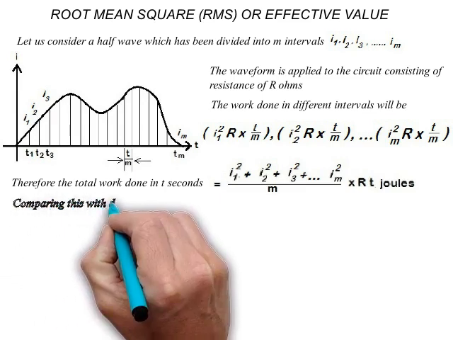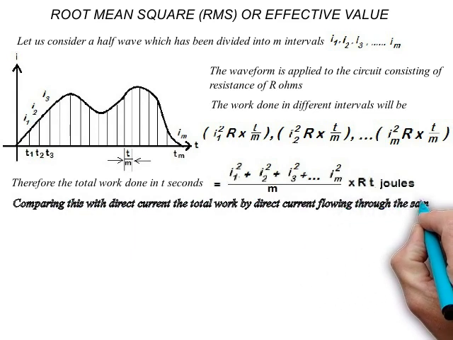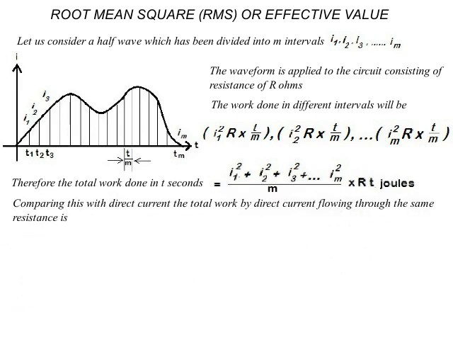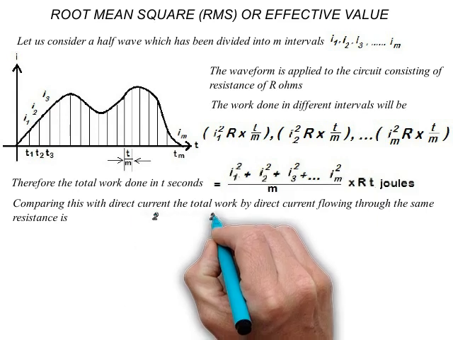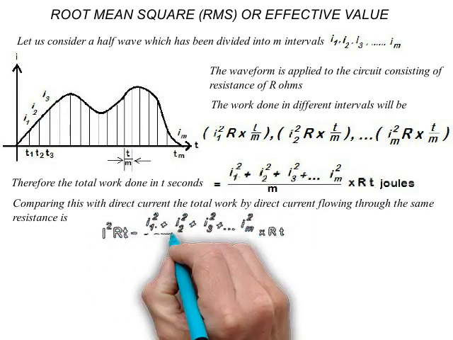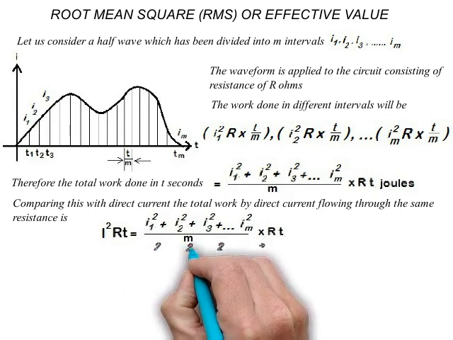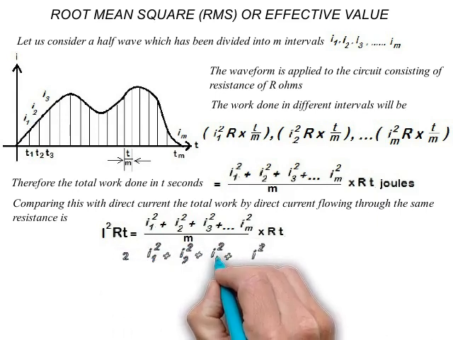Comparing these two with direct current, the total work done by the direct current flowing through the same resistance is given by I square into R into T, which is equal to (I1 square plus I2 square plus Im square) by m into R into T. So R into T gets cut from both sides, so we get I square is equal to (I1 square plus I2 square plus I3 square) by m.